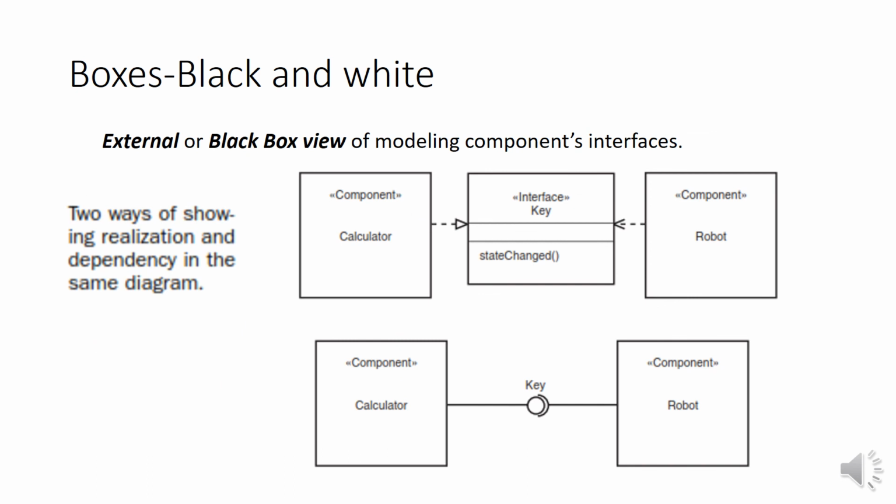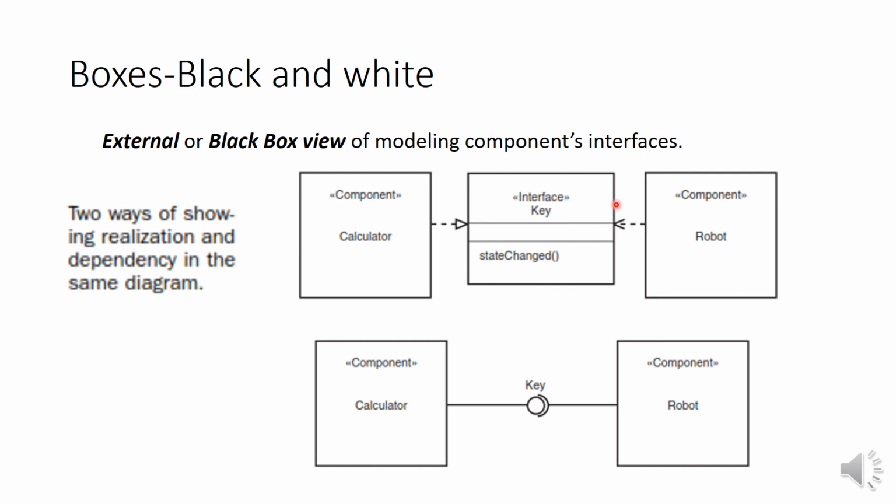This diagram shows the external or black box view of modeling components interfaces. So in addition to realization, this is the realization arrow, you can represent dependency as well. So dependency is what?